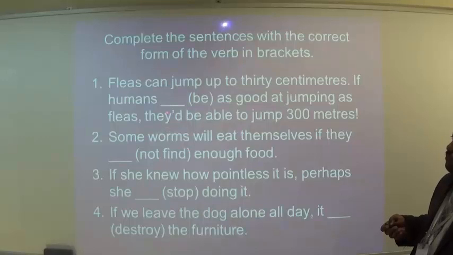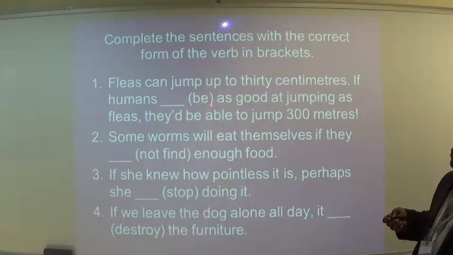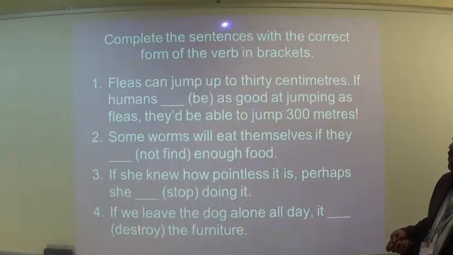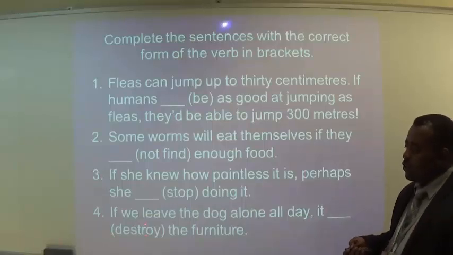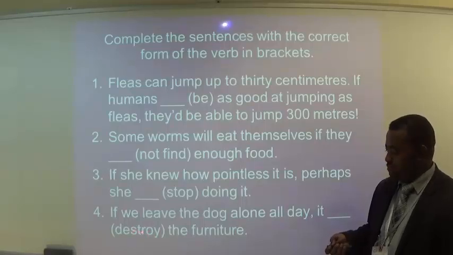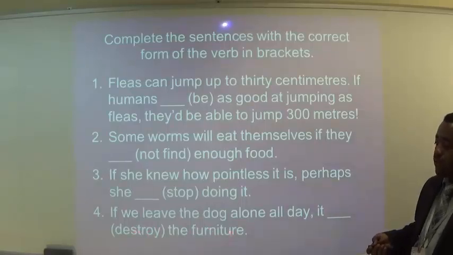The first one here, the verb is be, and as we have mentioned before, it has different or changing forms. And the second one, not find, preceded by the negation not, and the third one, stop, and the last one, destroy. Destroy means what? It means damage or destruct something or ruin. For example, the furniture here.